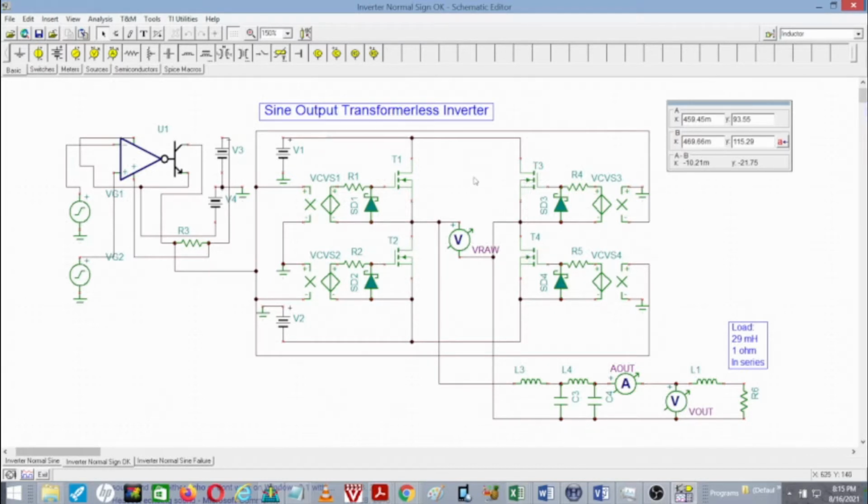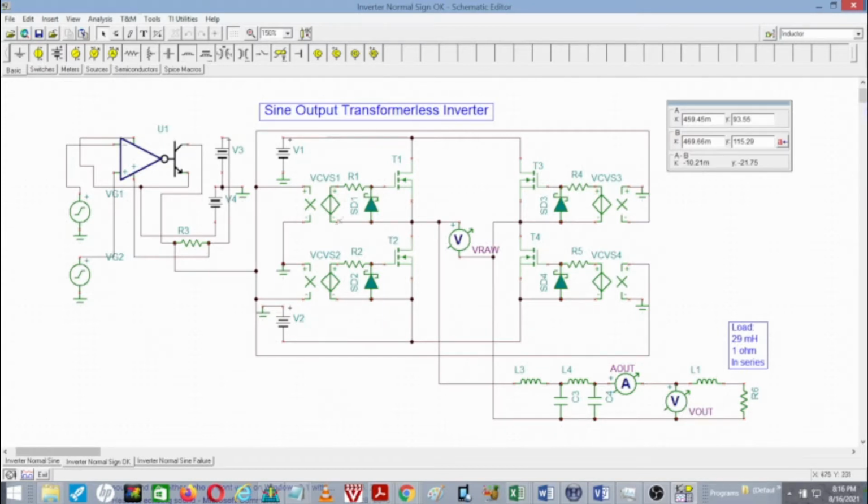a 25 kilohertz PWM square wave frequency, and then I go to an output filter to recover the sine wave, which I've set up to produce a 50 hertz sine wave so that 50 hertz is synchronous with the 25 kilohertz switching frequency that I've got to illustrate this.